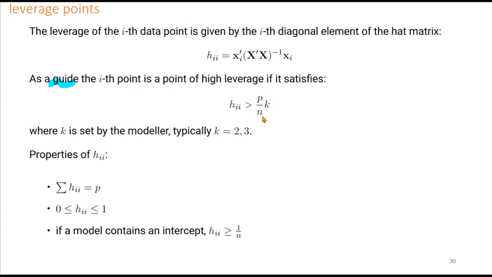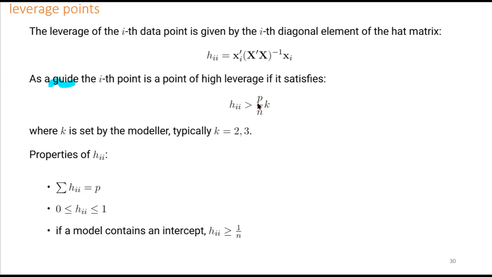Now, to understand why we have this right-hand side, we need to know some properties of the leverage points. If we sum up all your leverage points, it comes to P. And leverage points are between 0 and 1. So what P over N is saying is the magnitude of the average leverage value of a point.